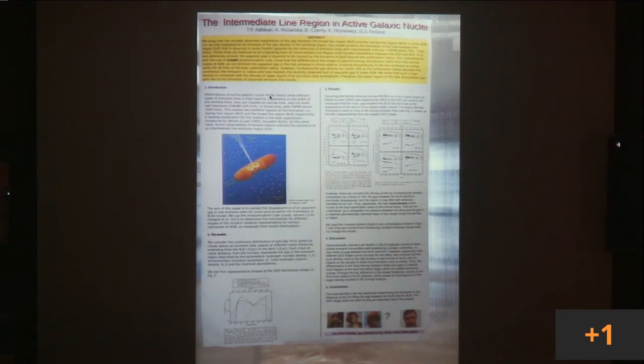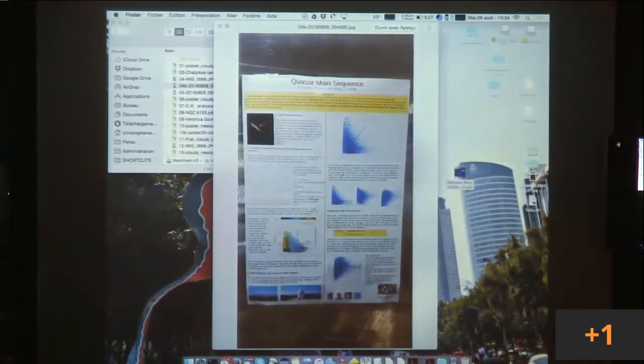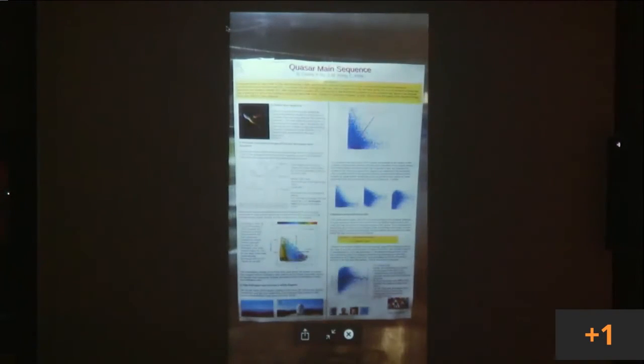And I have one more poster, that one. It was without a number. That's a work in progress. When you look at the range of properties of quasars, you see that there is one formal parameter behind it.